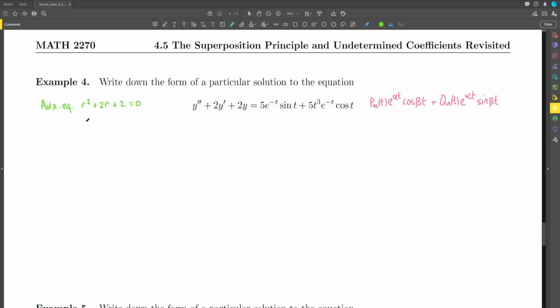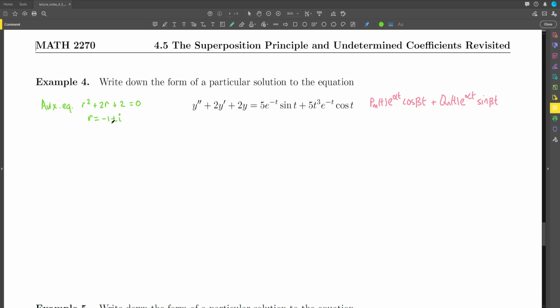Now, I'll leave it up to you to double check that the solution to this is r equals negative 1 plus or minus i. So pause the video and make sure that you can find these roots.